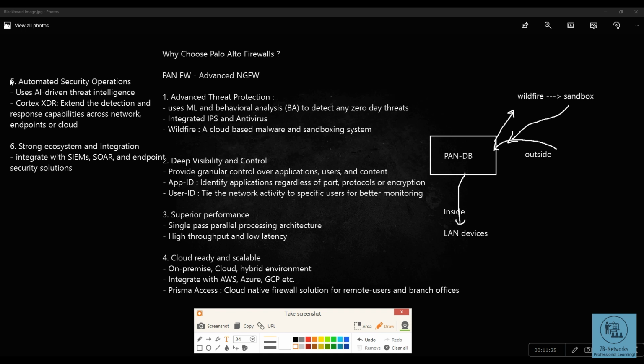And it works with other Palo Alto security products as well for providing something called a unified security approach.